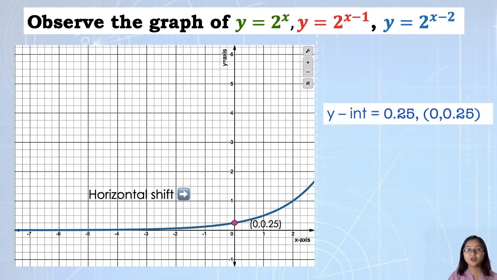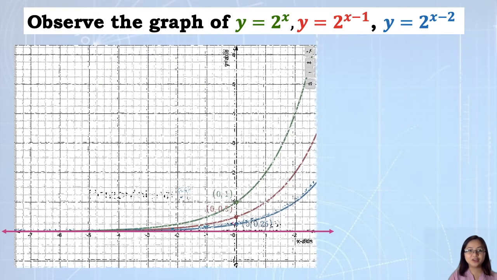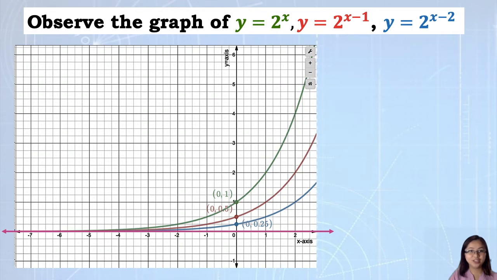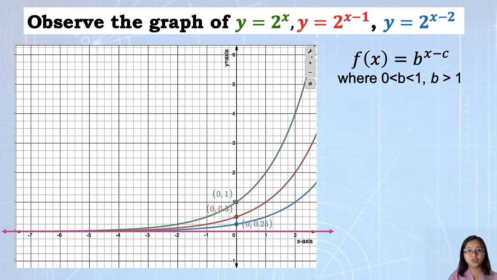Therefore, it is giving us a y-intercept of 1/4 or 0.25, or 0, 0.25. Have you observed the horizontal asymptote? It's still at y is equal to 0.